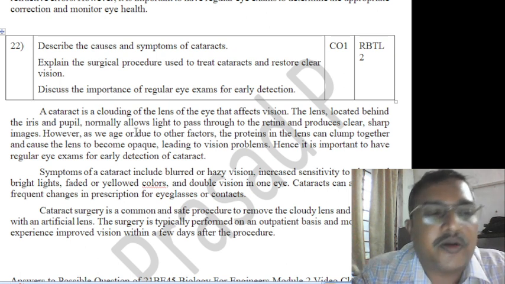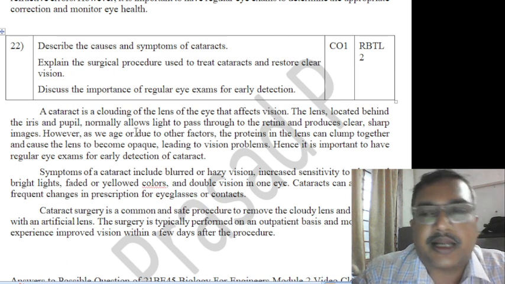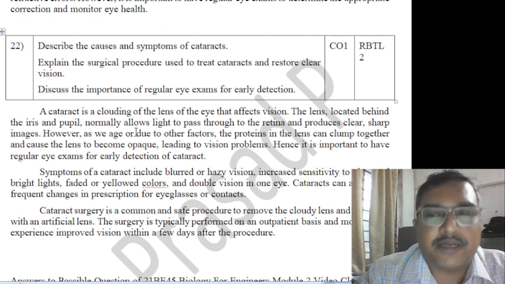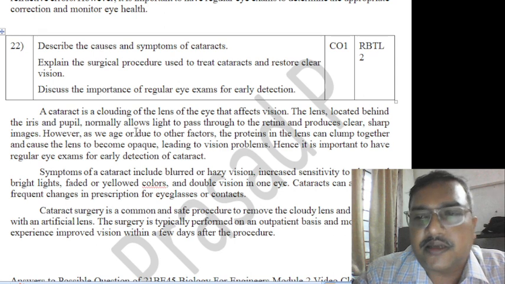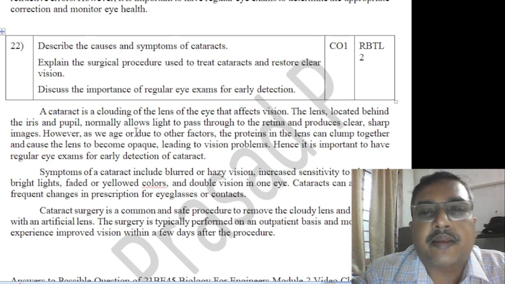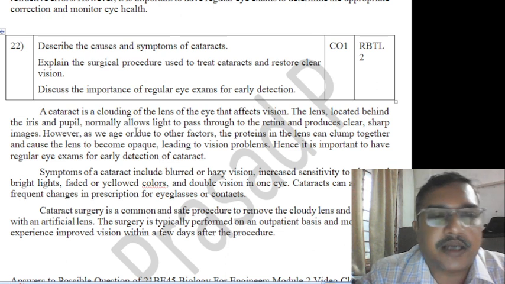Hence, it is important to have regular eye exams for early detection of cataract. As we reach middle age, 38 to 40, we have to keep checking our eyes, because we may not realize that some problems are happening.